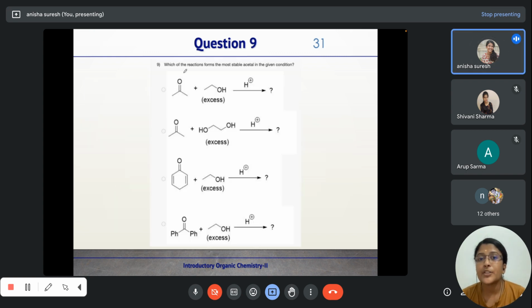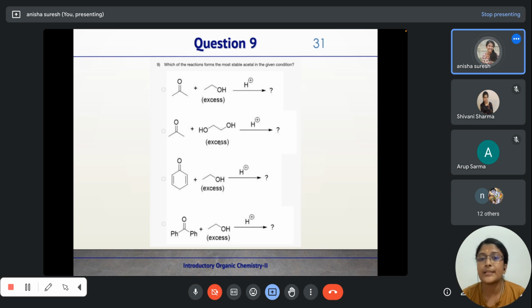So here, which of the reactions forms the most stable acetal in the given condition? They are asking which of these reactions will result in a more stable acetal. Acetone plus ethanol in presence of H plus will give one acetal.